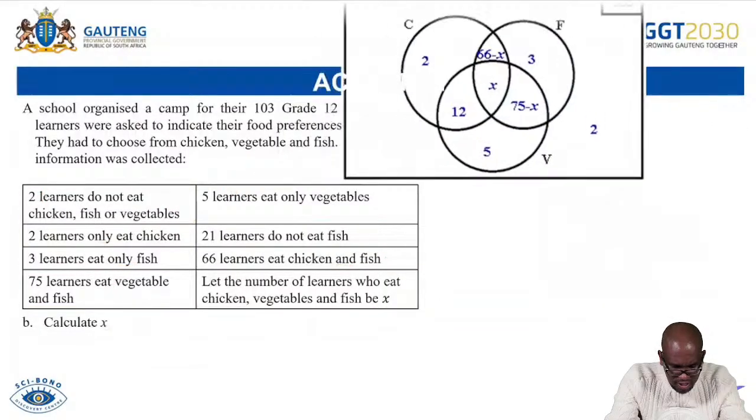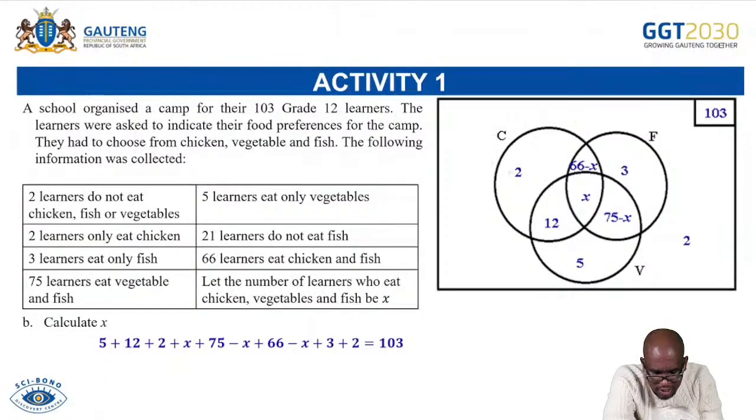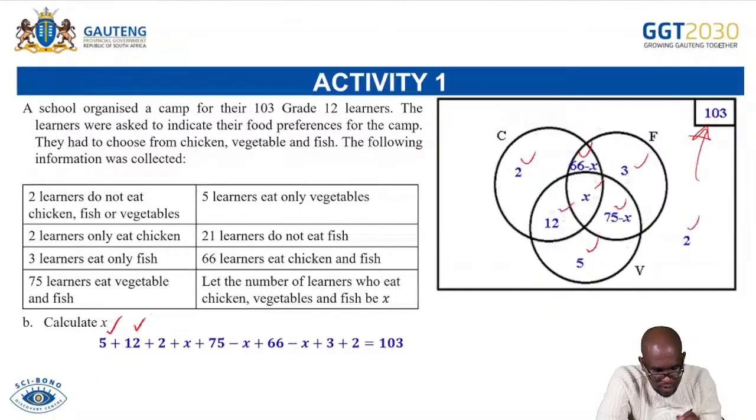Calculate x. Let's bring in our Venn diagram here. To calculate x, we add everything here, and we know it's going to sum up to 103. So it's 5 plus 12 plus 2 plus x plus 75 minus x plus 66 minus x plus 3 plus 2, and that should be 103.